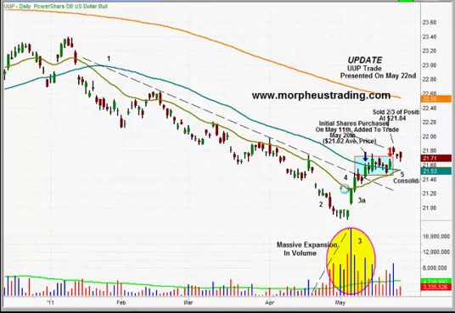If you notice, it's been downsloping this whole time. But when you get this massive move, all of a sudden the 20-period moving average begins to turn back up. And as it turns back up, we come in. It was this day, when we broke above the high of this candle right here, that we entered the first portion of this trade.